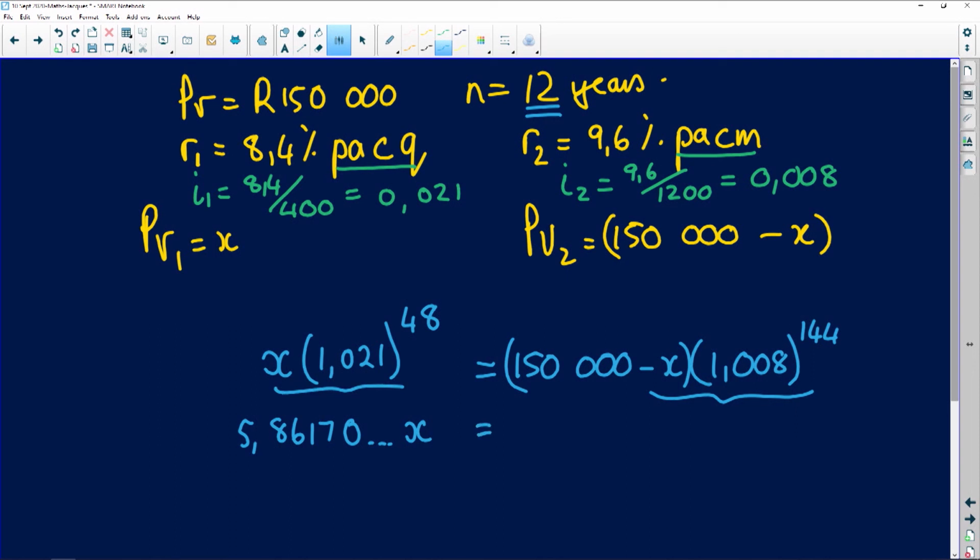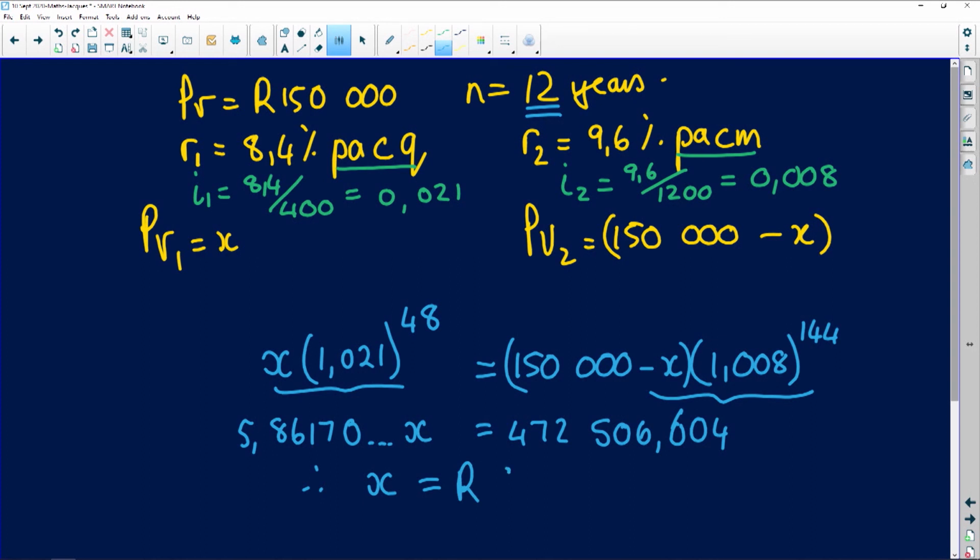On the right-hand side we have 150,000 multiplied by that factor that we have over there, and that gives us a beautiful 472,506.604. So all we need to do to find X is divide this number by whatever's on the left-hand side.